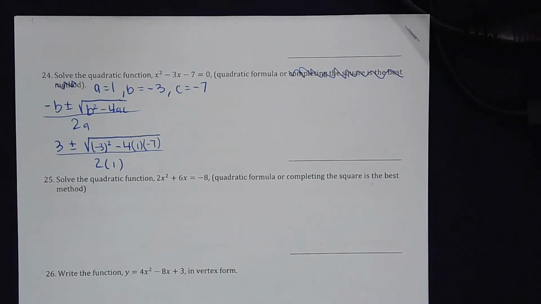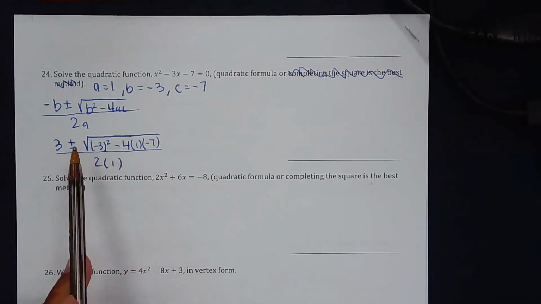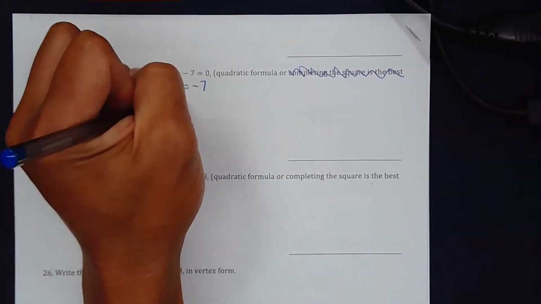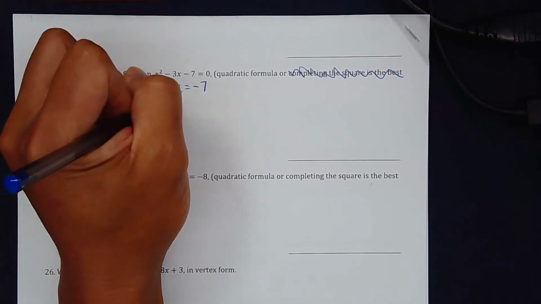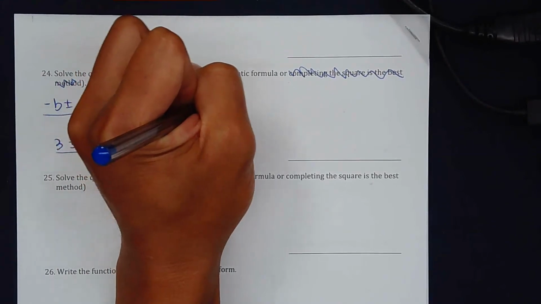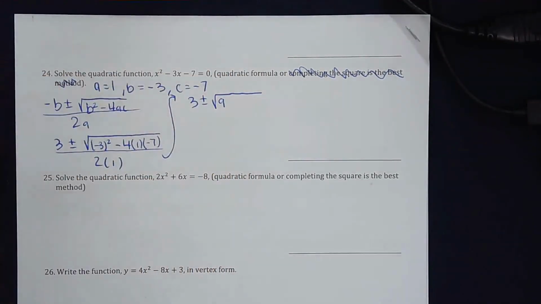All right, so PEMDAS, we start to simplify the numbers that are grouped together underneath the square root. So negative 3 squared gives us 9. So let's just go ahead and bring this back up here. 3 plus or minus the square root of 9.